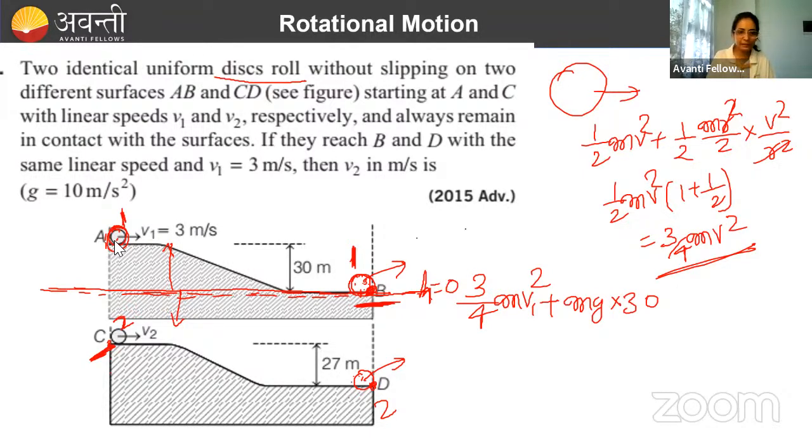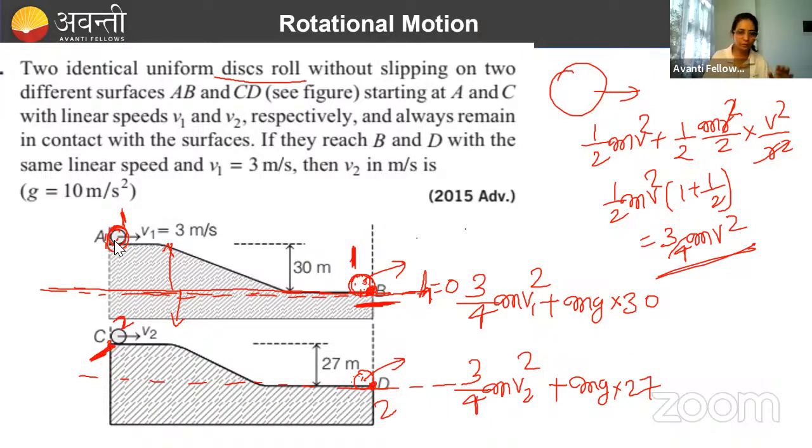Now let's write energy for the second ball at C and D. आप जहां भी लिखो energy will be same throughout. तो चलो लिखती हूँ मैं C पे. What will be the value? 3/4 mv2 square here, and how much height it will be taken at? Again take the reference line, this one passing through D. So it will be equal to mg into 27. Done.